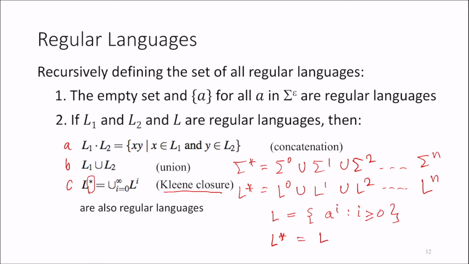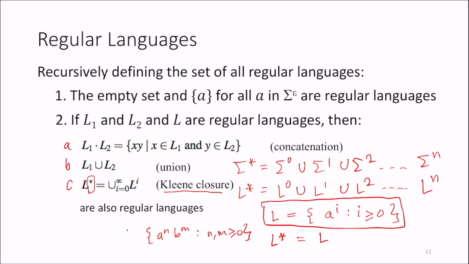If you apply the star operator to this language, you end up with L star. That's not always the case. There might be some regular languages, for example A to the N B to the M, where N and M are greater than or equal to 0, and that's my regular language, then L star is actually not equal to L. It's fairly complicated because now you can have a mix of A's and B's. It's not always going to be the case that the B's follow the A's.